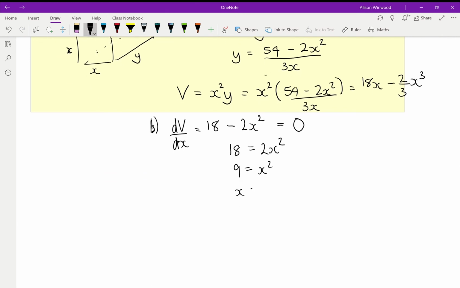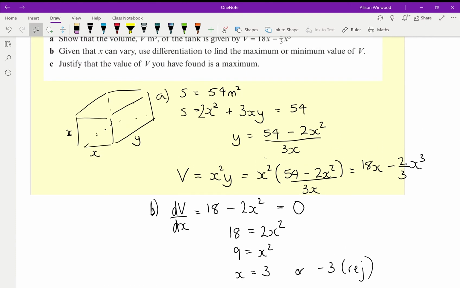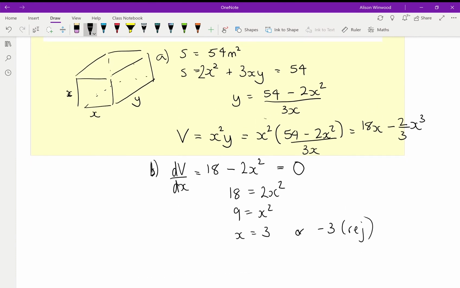So x equals 3, or negative 3, and it's obviously not negative 3 because you can't have a cuboid with a negative side. And then we can put that back into our volume formula. So 18 lots of 3 subtract 2/3 of 3 cubed equals 36 centimeters cubed.